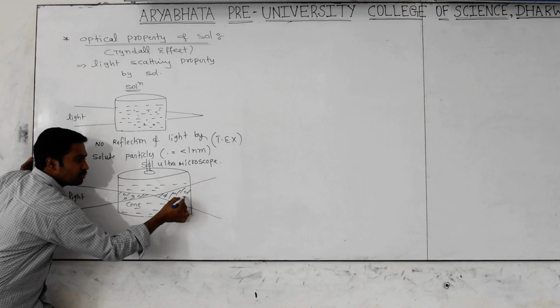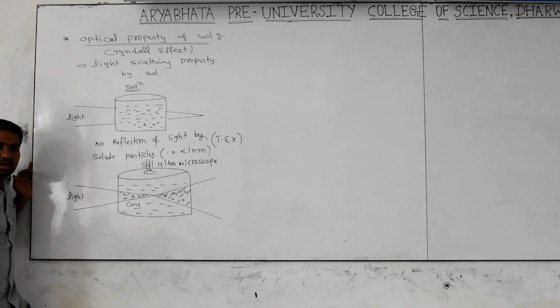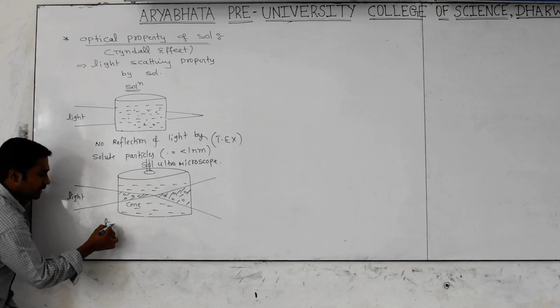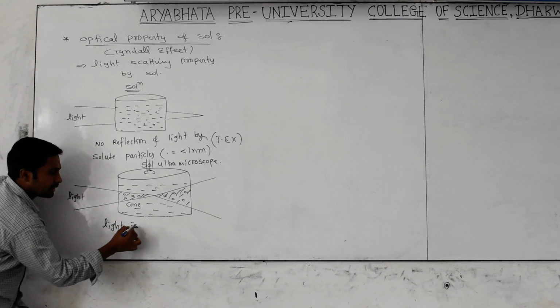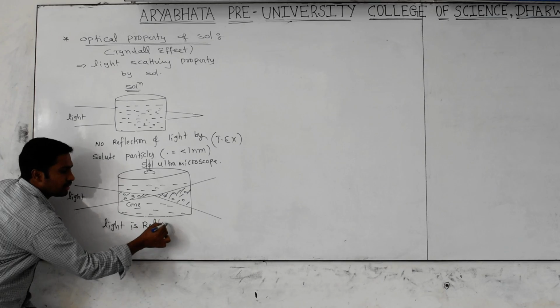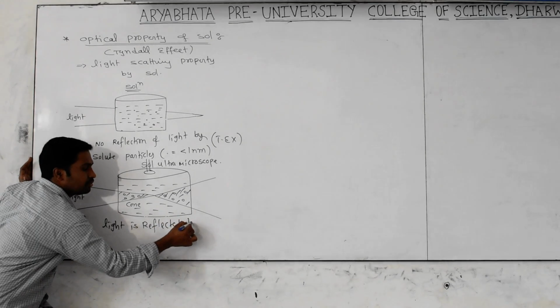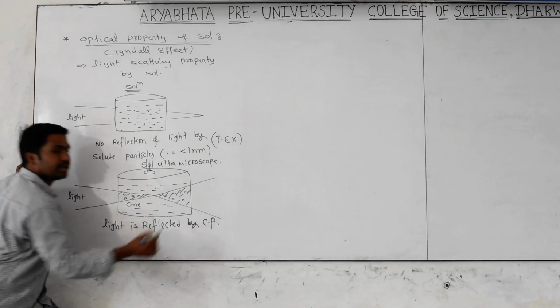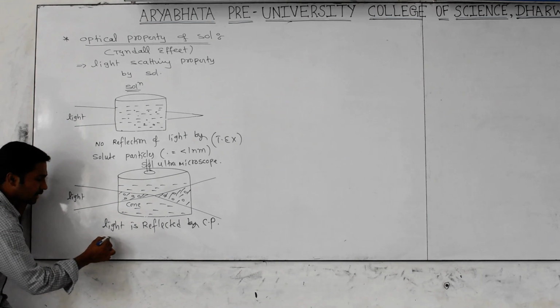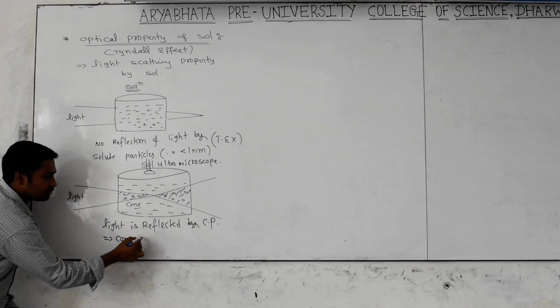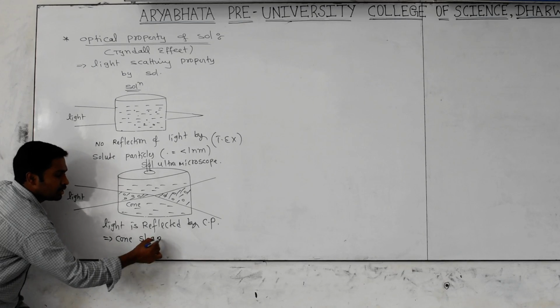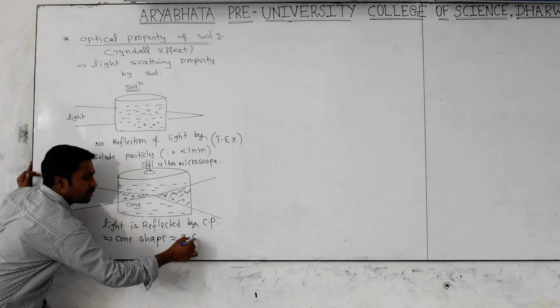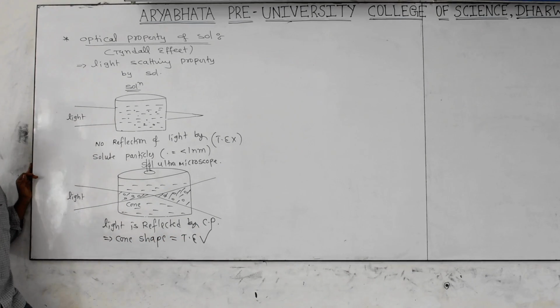Why do we feel this path in case of sol? Because light is reflected by the colloidal particles. Then the reflected light we feel in the form of a cone shape. This whole phenomenon is what we call the Tyndall effect.